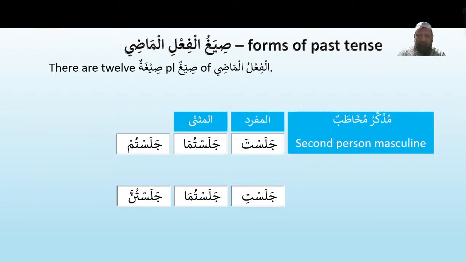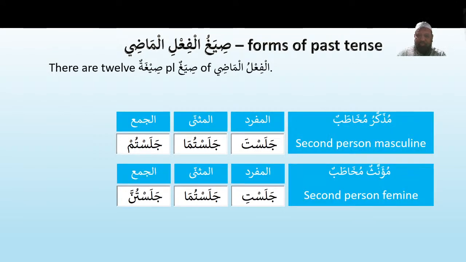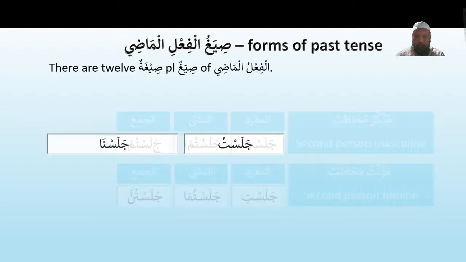Next we have the mukhatab, mudhakkar, al-mufrad: jalasta. Over here we're adding ta' al-fa'il. Jalasta, jalastuma, jalastum, jalasti, jalastuma, jalastunna.